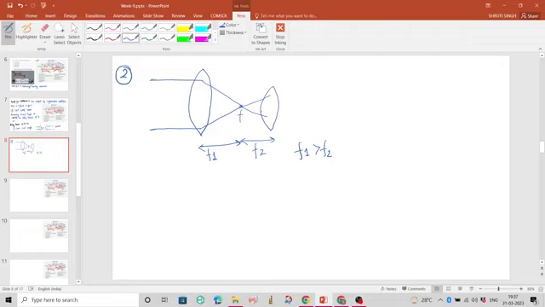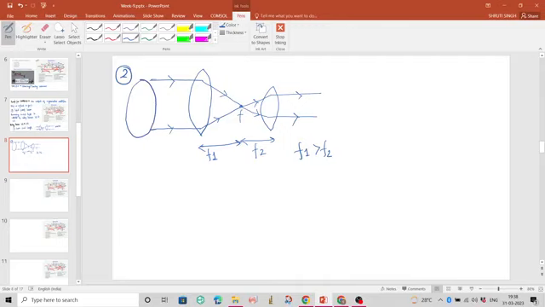Now again the same case, a beam coming from the focus will become parallel after hitting the convex lens. So it became parallel. But here one thing changed. Here we have the beam which was this big, this is, for example, the beam spot.